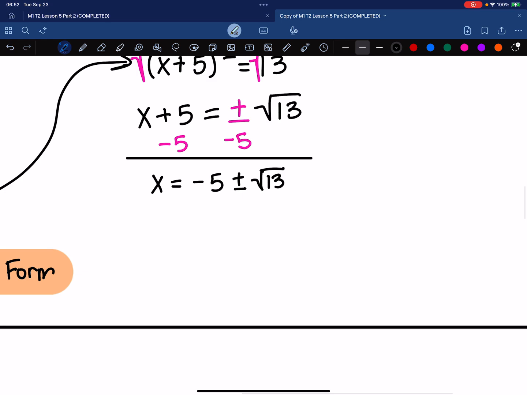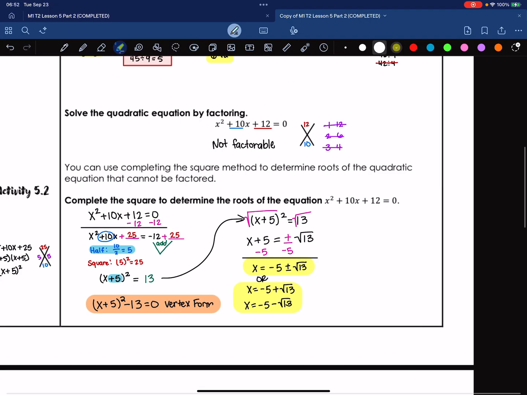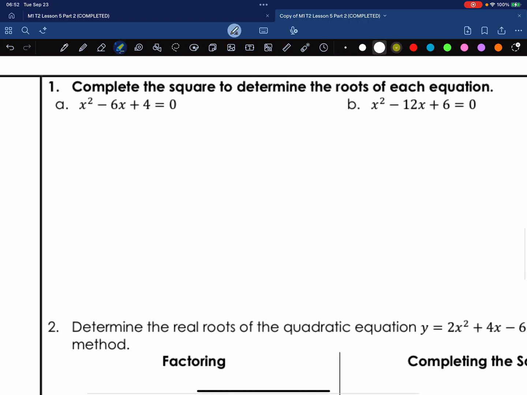So you could write it like that, or you could split it up as x equals negative 5 plus the square root of 13, and x equals negative 5 minus the square root of 13. So either one of these would be acceptable, but we do need to recognize both. So either that or both of these.